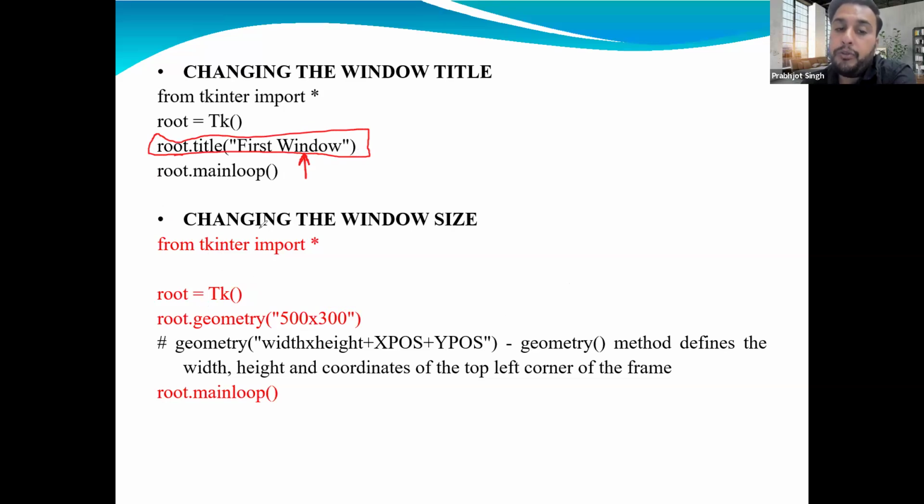And if I want to change the window size, we have the geometry method, with which we can redefine the width, height, and coordinates of the top left corner of our frame. So we give the width, height, x position, and y position with the geometry function, and then it will work. This is the very basic of this programming, where we learn how to create an empty window and how we can add a title and change the window size as per our requirement.